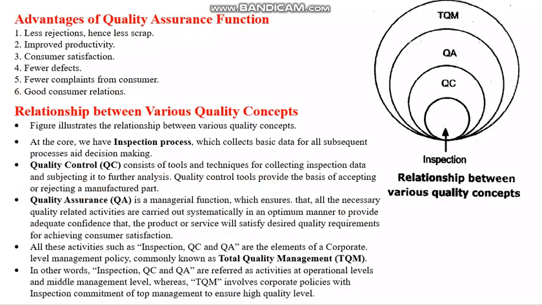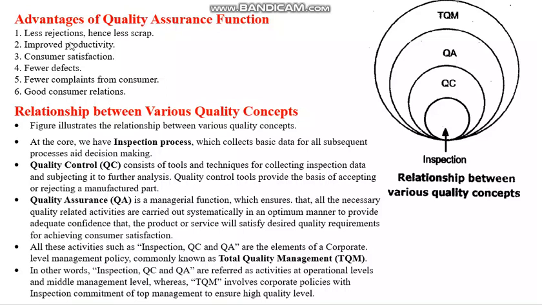Okay. Next, advantages of quality assurance function. Now, by having quality assurance function, what are we gaining? Less rejections, and therefore less scrap. This is not the case just with inspection alone. Inspection only checks whether it is right or wrong, but for quality control also, this is an advantage.